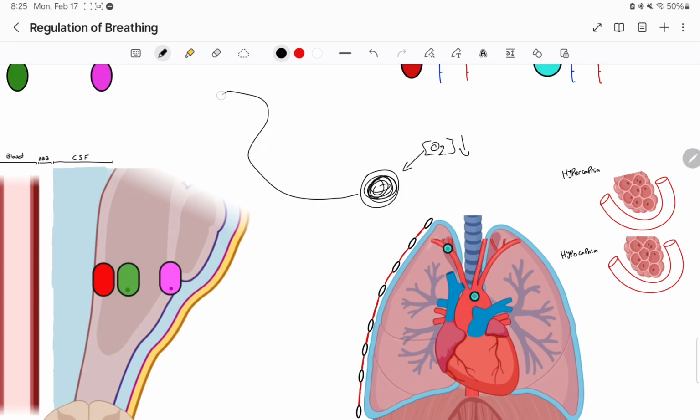Here's the nerve, will start to increase its activity. If it increases its activity, the nerve that it's coupled to will increase the action potentials down its axon. And what that means is, when it does that, the activity of this nerve is high. And now that the activity of this nerve is high, it is going to carry that information that was picked up by this receptor, all right, towards the integrating center, which is the brain, okay?